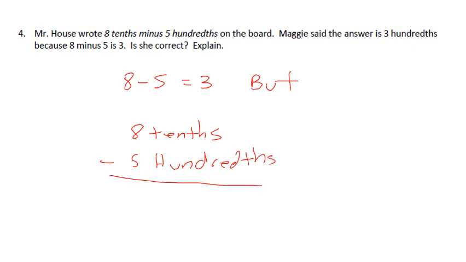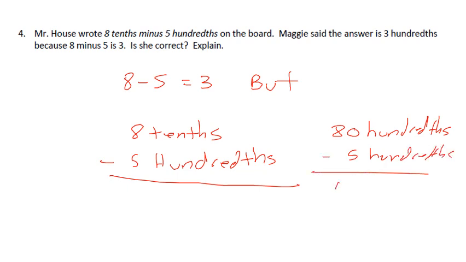Now, one thing is they have to be the same unit of measure. So I've got to change one. And since it's 5 hundredths, I'm going to change the 8 tenths. I know 8 tenths is the same thing as saying 80 hundredths. And now I have 5 hundredths. Subtract that, I'm going to get 75 hundredths.